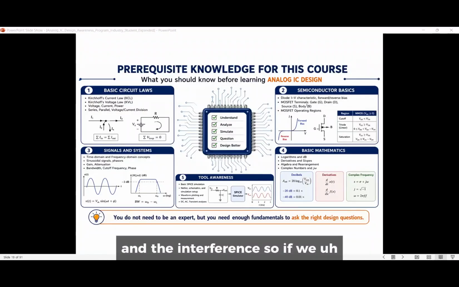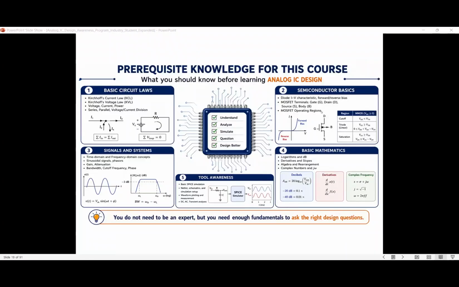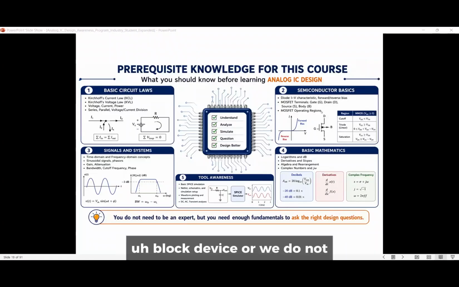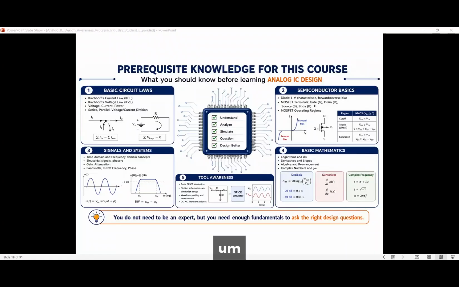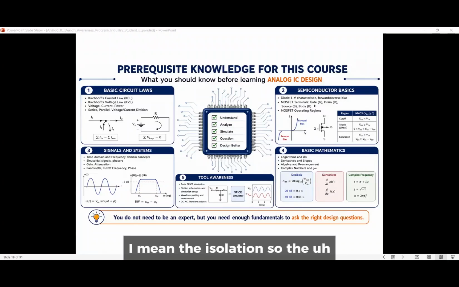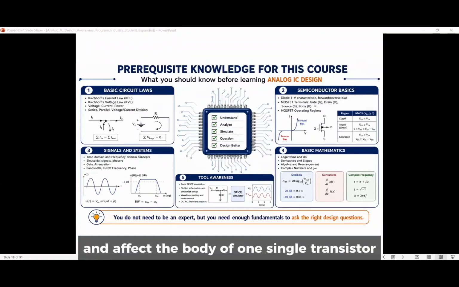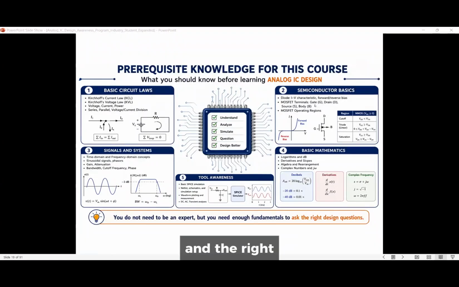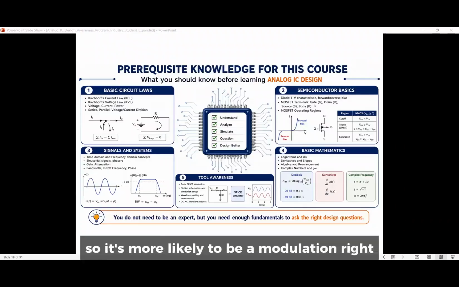If we do not have sufficient isolation, harmonics or noise will go through the substrate, affect the body of a single transistor and vary its threshold voltage. It is more like a modulation.